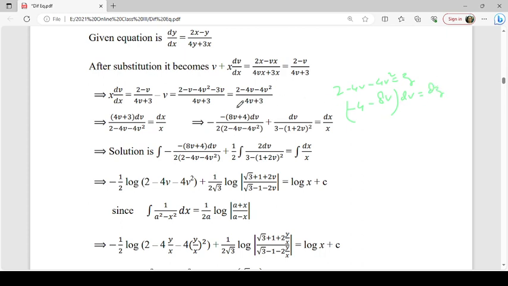So we need to make this 8v plus 4, but this is 4v plus 3, so how will you get it?